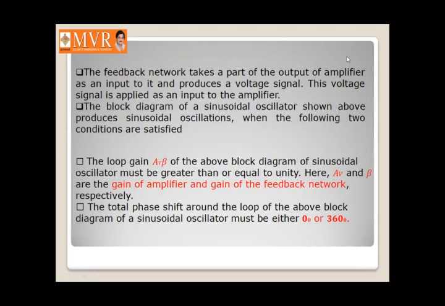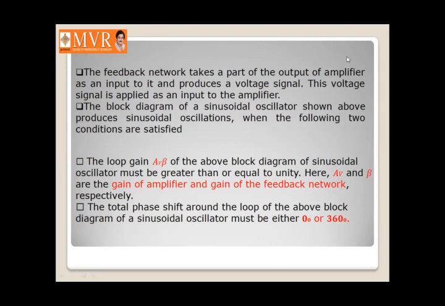So here the feedback network takes a part of output of an amplifier as an input. So that means we are giving feedback from output of an amplifier to the input, and the sinusoidal oscillator circuit is going to satisfy the two conditions.